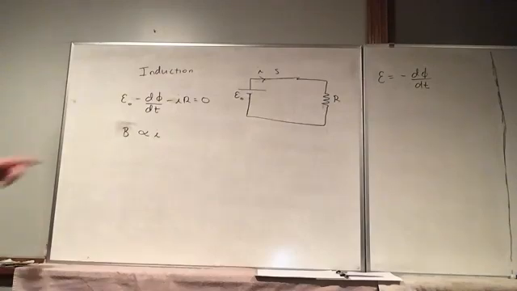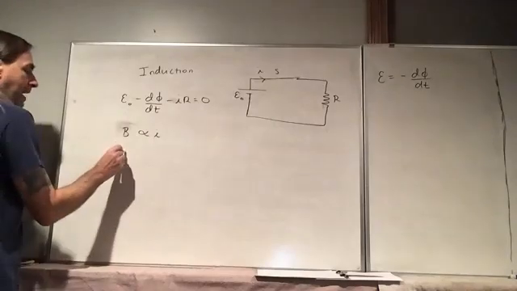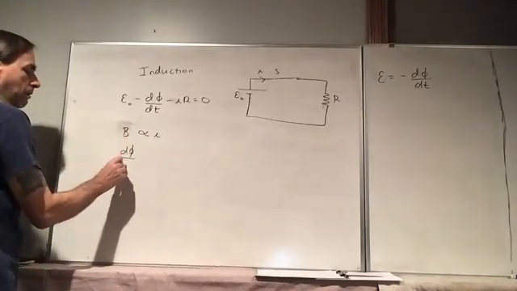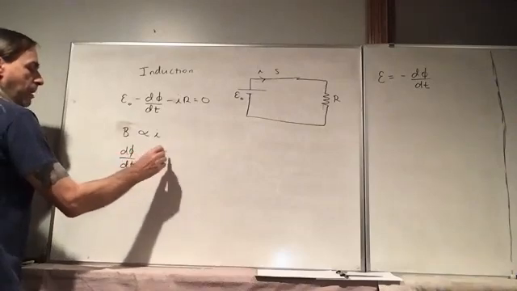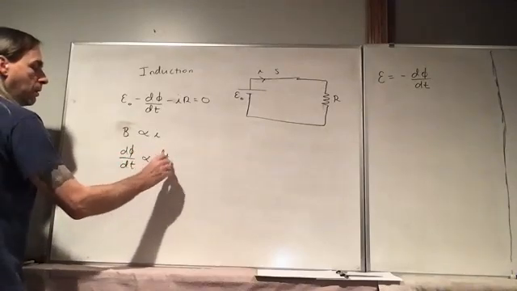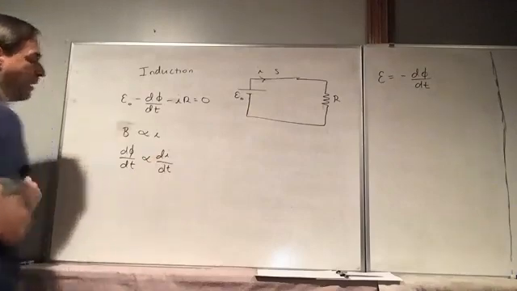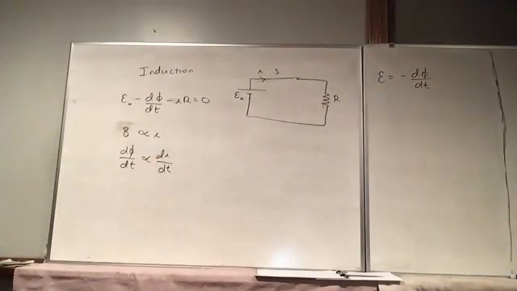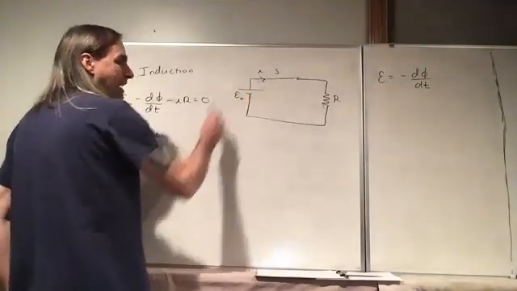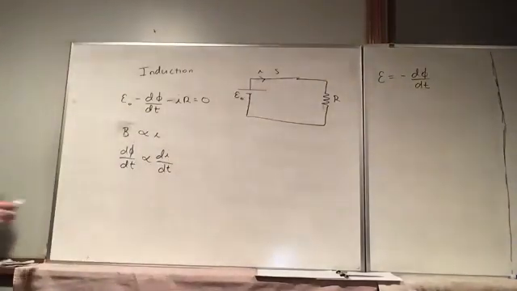So if we look at d phi dt, we have a constant area here, and so d phi dt should be proportional to the rate of change of current. That's true as long as we have a constant area: the rate of change of flux is proportional to the rate of change of current.